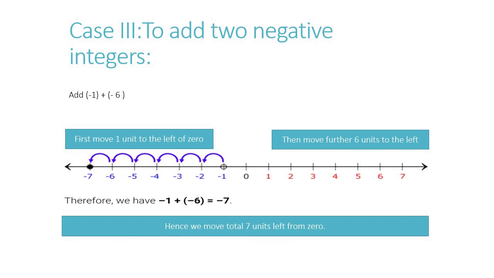The second integer is also negative. So, move further 6 units to the left. We reach minus 7. Therefore, we can say that the total of minus 1 and minus 6 is minus 7. Hence, we move a total of 7 units left from 0, which is the sum.